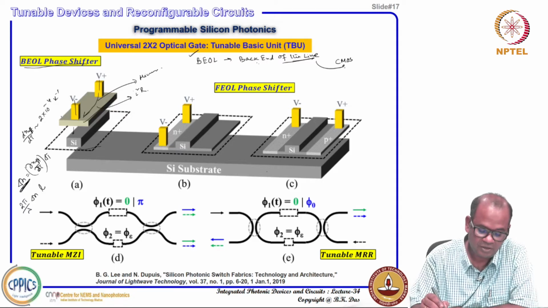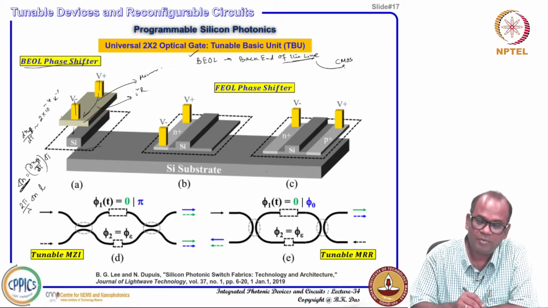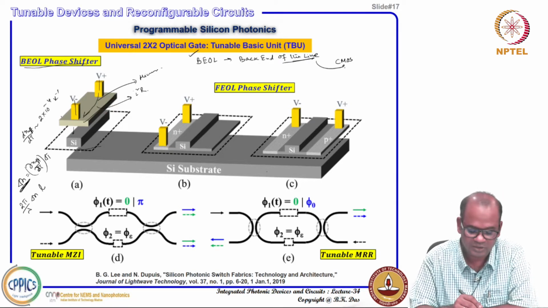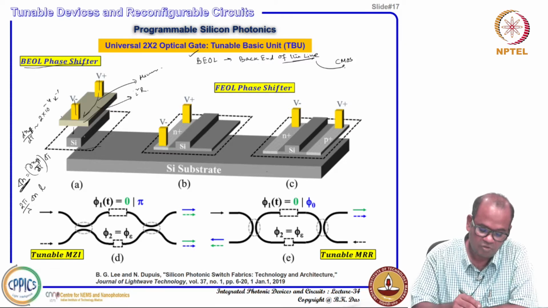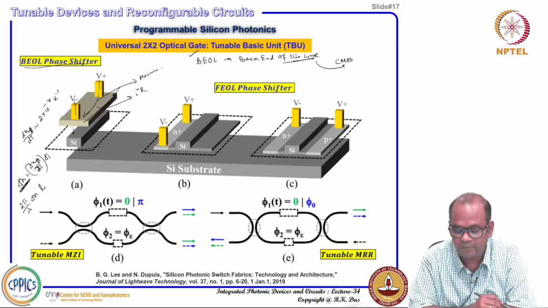Normally, whenever you are fabricating, defining your waveguide structure, different types of active elements, electronics, etc., that is called the front end process. After the front end process is completed, in the back end of the line, you can integrate the phase shifter, that is why it is called a BEOL phase shifter.